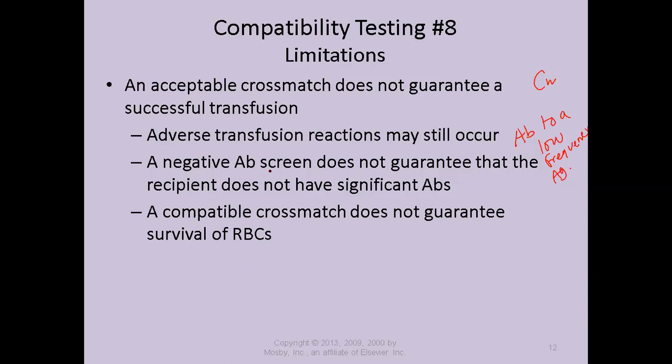The screening cells we use may also not have Cw antigens, so we get a negative antibody screen. However, when we pick a unit to cross-match, it just so happens the donor has Cw and we get a positive cross-match. Or maybe we miss it on the donor and a reaction occurs.